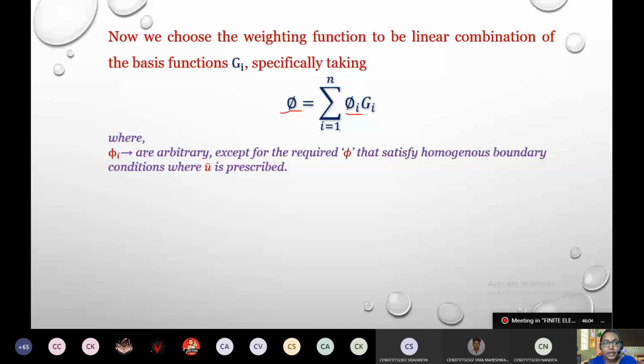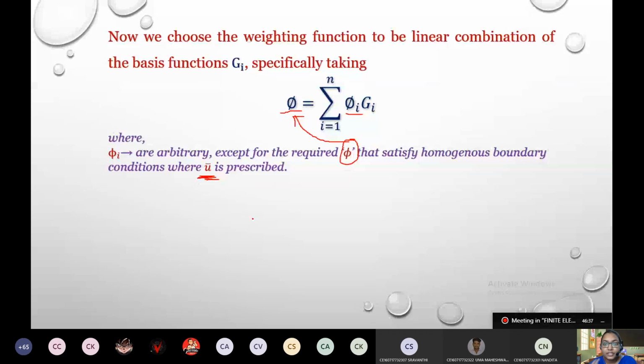Phi i are arbitrary except for the requirement that phi satisfies the homogeneous boundary conditions where u bar is prescribed. Whatever governing equation we form should be in such a way that it satisfies the boundary condition.